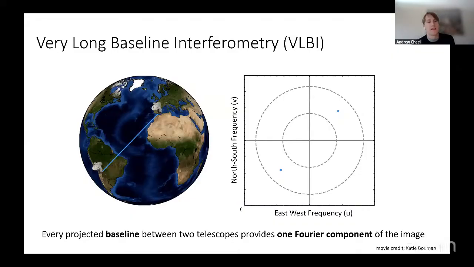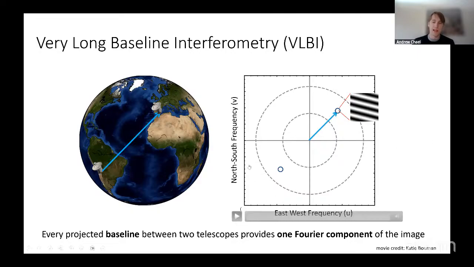So as I said at the beginning, the EHT is working on the principle of very long baseline interferometry. The basic idea of VLBI is that every baseline, or pair of telescopes, every separation between two different telescopes on the Earth, provides us a measurement essentially of one component of the Fourier transform of the image. So basically every baseline separation between two telescopes is measuring a single spatial frequency, which you can think of as living in this plane of north-south spatial frequencies and east-west spatial frequencies.